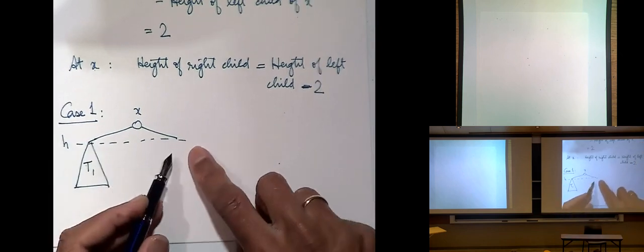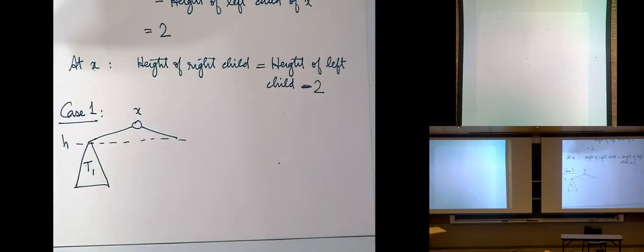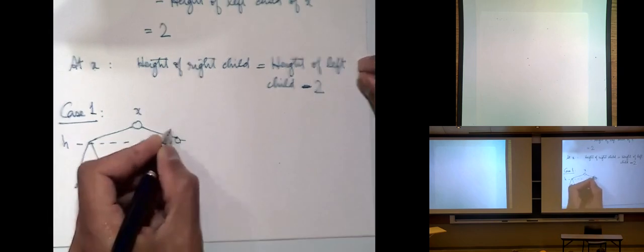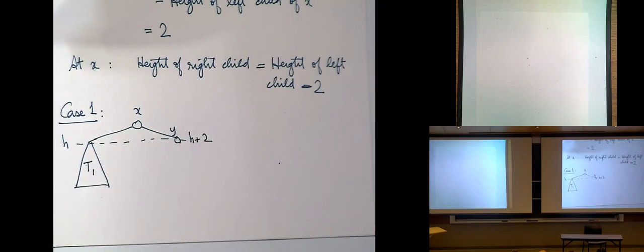So we know that the height on the right is h plus 2. Right? So the height here at this node y is h plus 2.